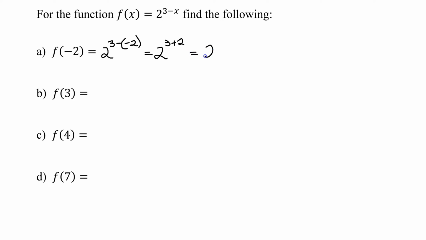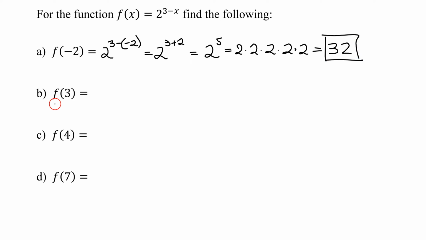So it's 2 raised to the 5th power, which just means 5 2's multiplied together. So there are my 5 2's. 2 times 2 is 4, 4 times 2 is 8, 8 times 2 is 16, 16 times 2 is 32. So my answer is 32.